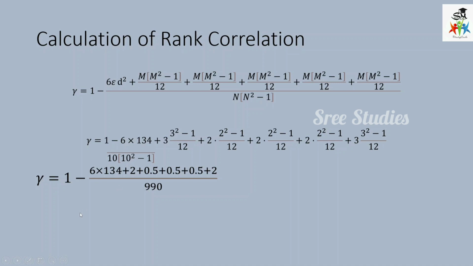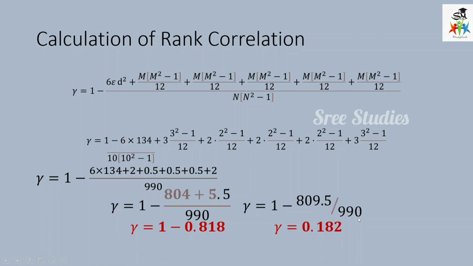So this is about the value. Just simplify. Now you will find R, correlation R equal to 1 minus 0.818. And then finally when you reduce this from 1, you will get R equal to 0.182. So the rank correlation value is 0.182.